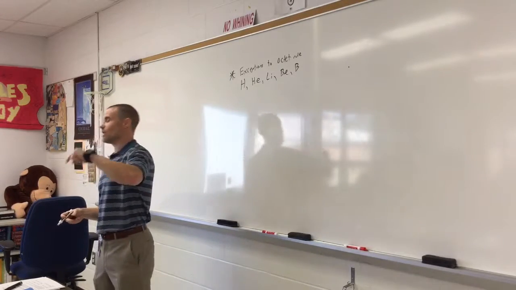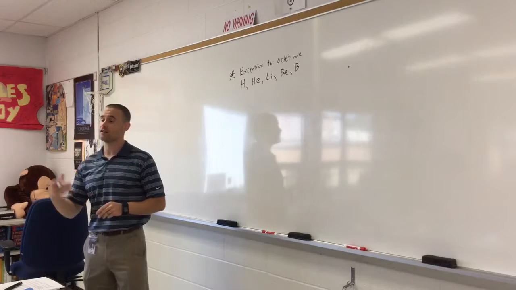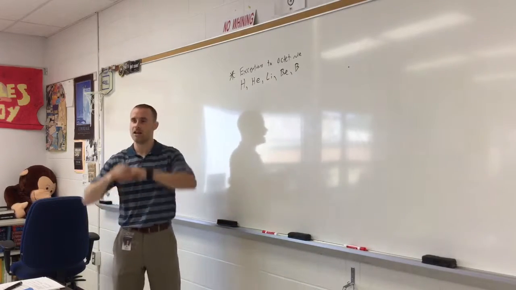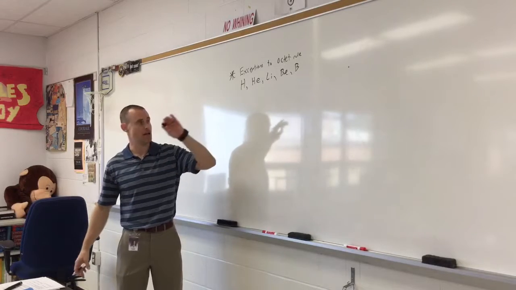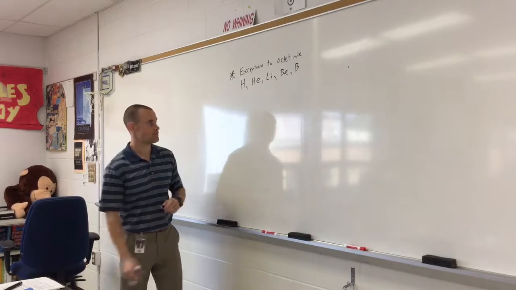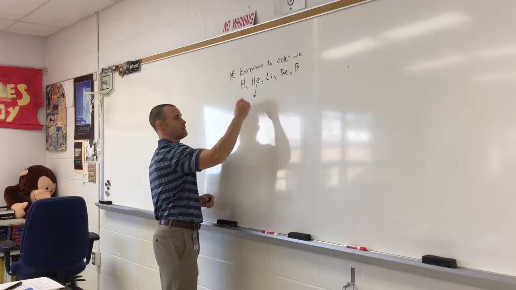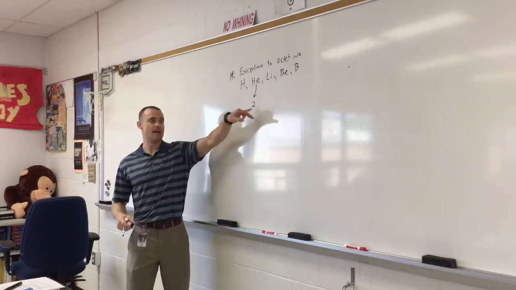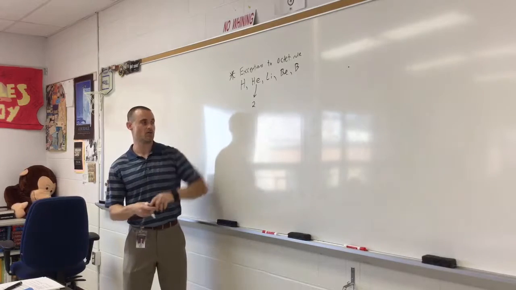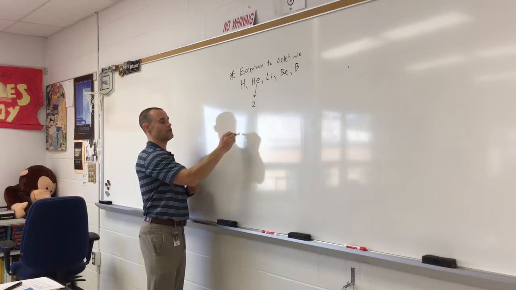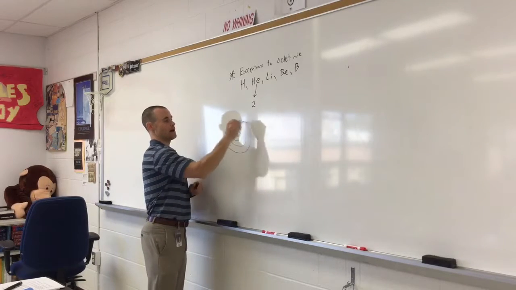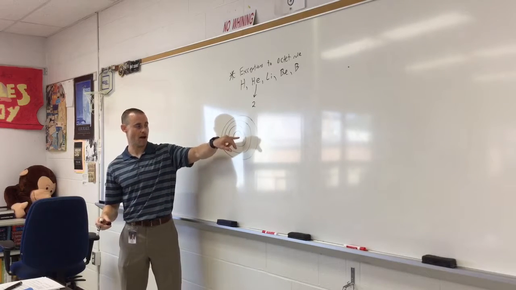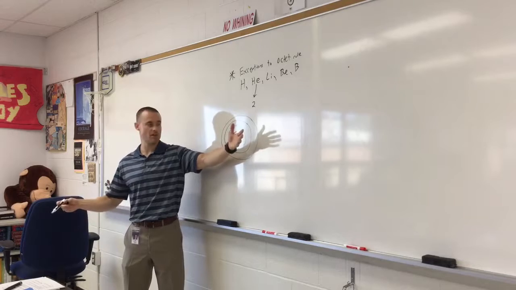This is why yesterday I emphasized full valence shell. We're going to say full valence shell, and that means they don't react, that means they're stable. And here's what I mean by that. Helium has the configuration of 2. Helium has a full valence shell, and here's why. When I draw these atom pictures, you have your nucleus, and then your energy levels.